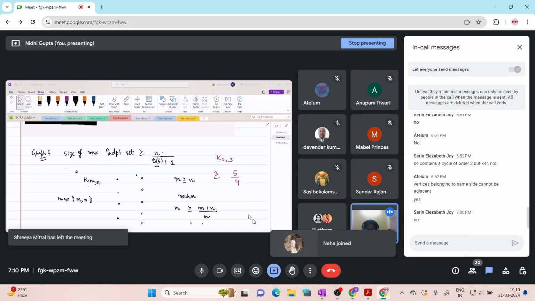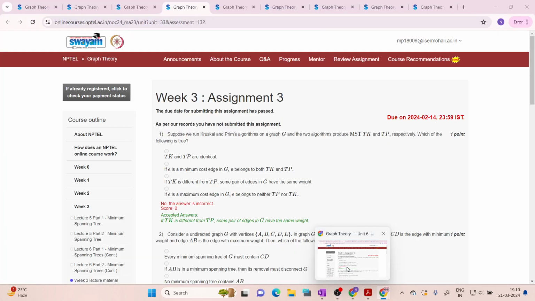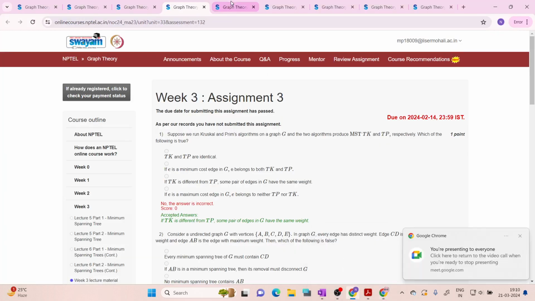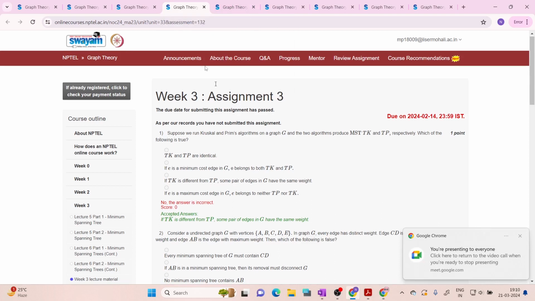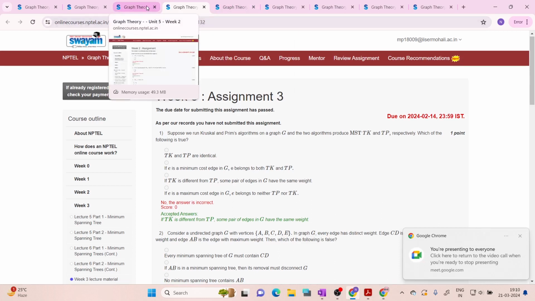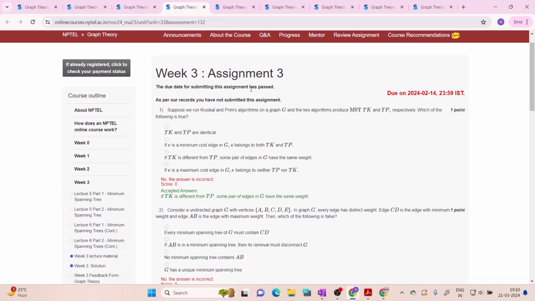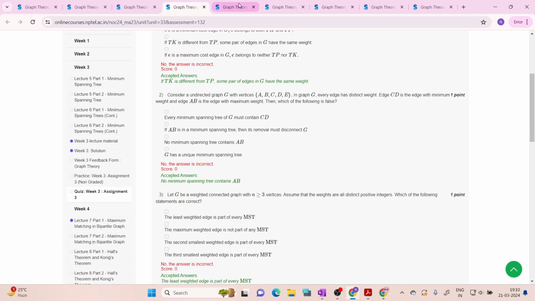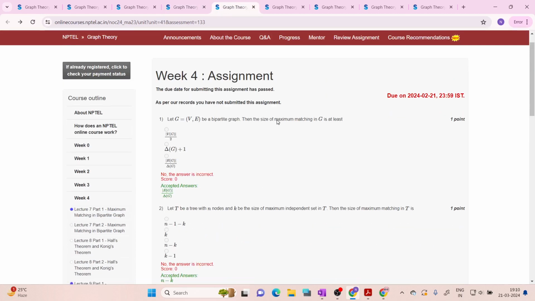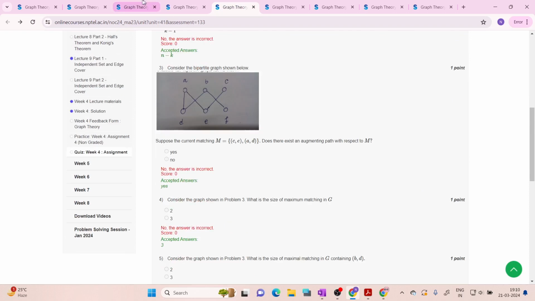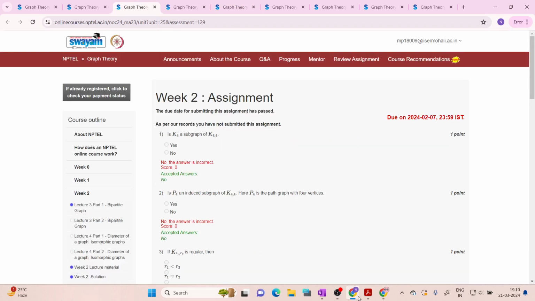Yes, the maximum degree is 3. I am saying 3 plus 1. So it is, I think, del G plus 1. Wait, it is coming.